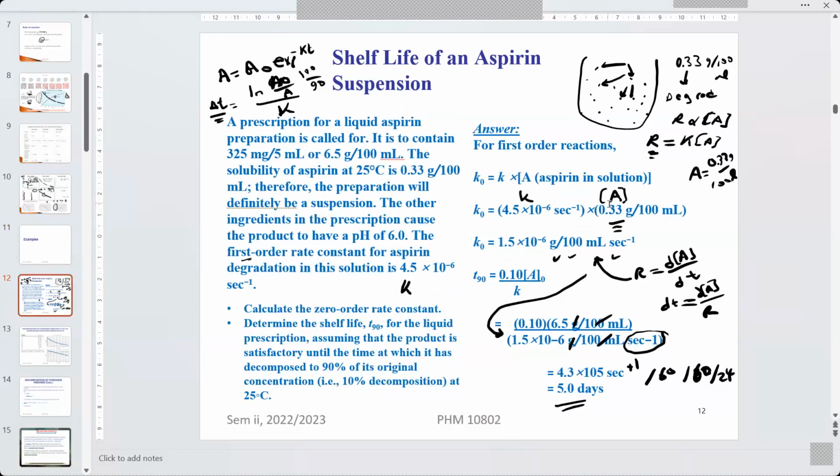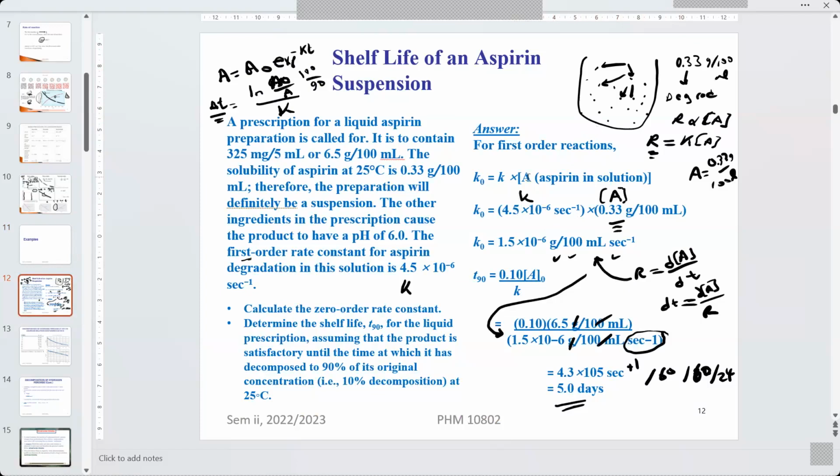So all the time it will be this amount, K times A. So it is a fixed amount, although it is a first order reaction. This one is sometimes confusing.